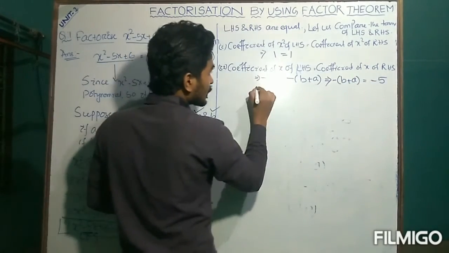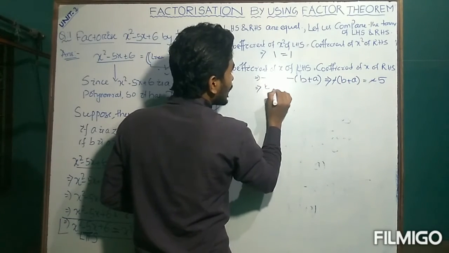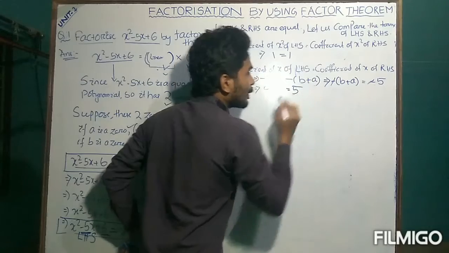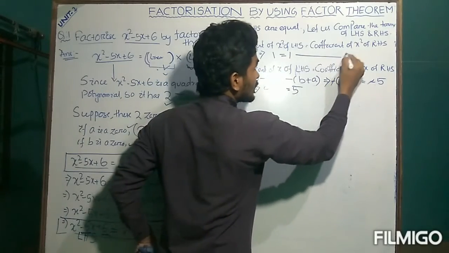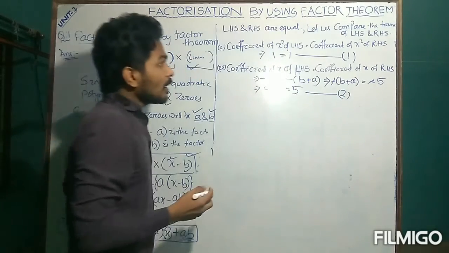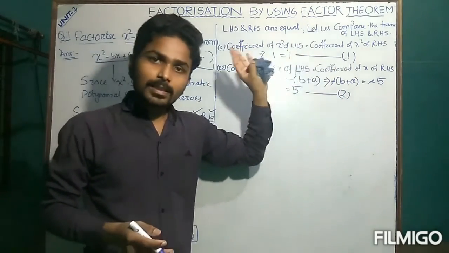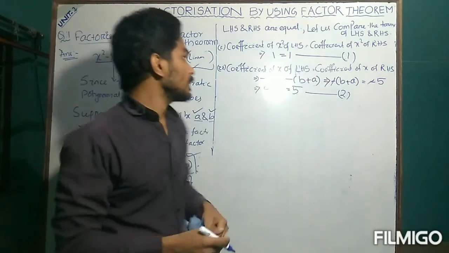Since minus minus cancel out, we get b plus a is equal to 5. Suppose this is equation 1 and this is equation 2. Now the comparison of the coefficient of x square and the coefficient of x of LHS with RHS has been completed.